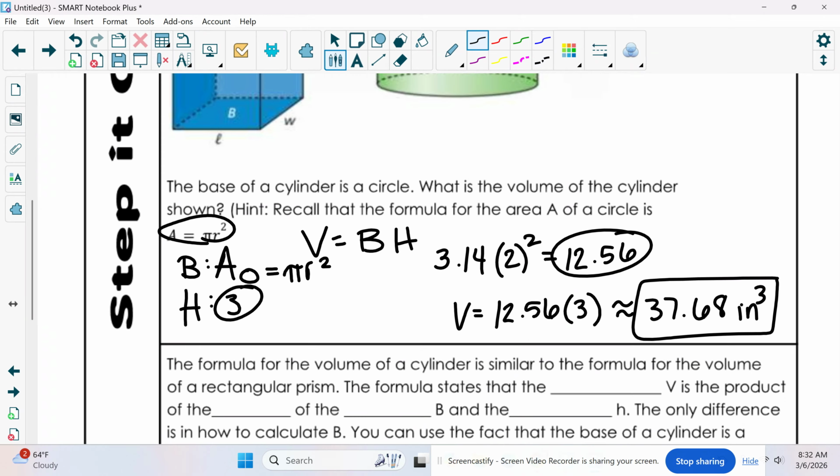It's just like surface area, except we don't have what part of the surface area? The perimeter, and what do we not have to do? We don't have to multiply it by 2. Okay, it's just the B and the H. That's why I said it's going to be relatively fast today, because you should be able to do this by now. Okay?